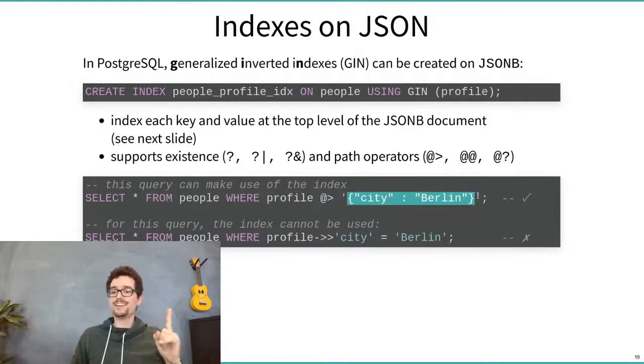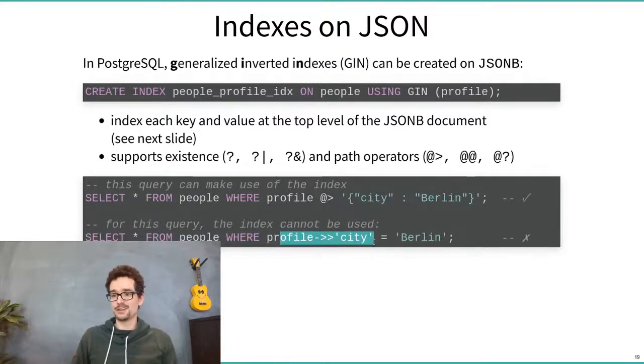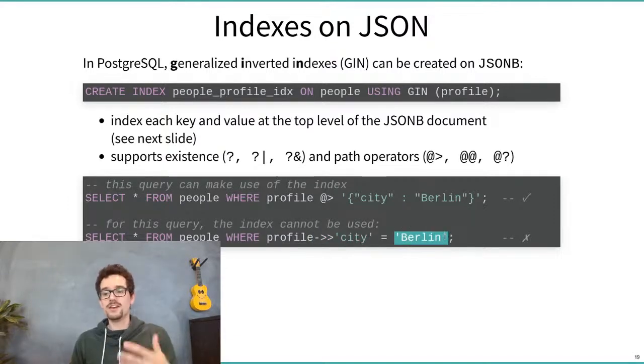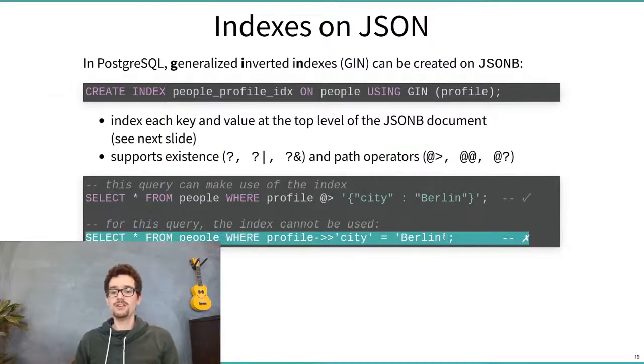And this one can now use the index. This cannot use the index because this does not check whether the city is Berlin directly. It extracts using this arrow operator what the city is, and then SQL checks whether it is Berlin. So this cannot use the index.